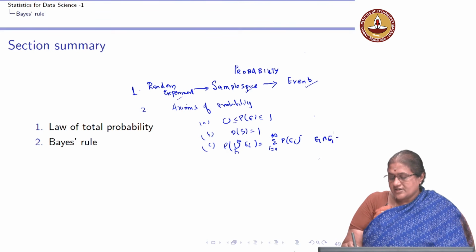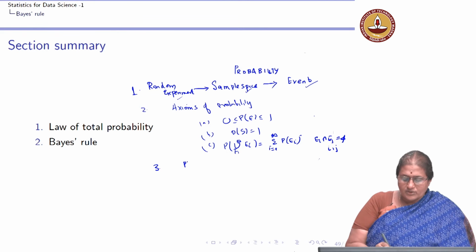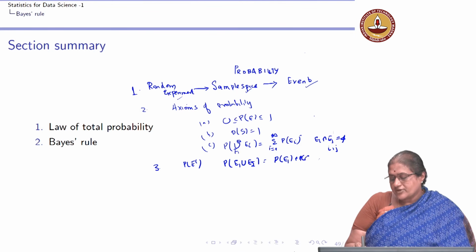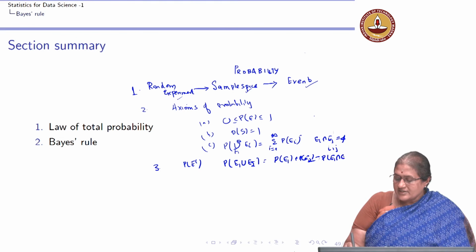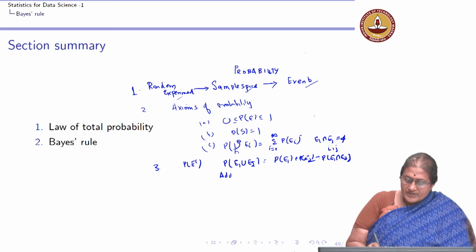Here, Ei intersection Ej is phi for all i, j. Once we introduced this, we went on to talk about probability of the complement. Then we had the general addition rule, which said probability of E1 union E2 equals probability of E1 plus probability of E2 minus probability of E1 intersection E2. This is what we refer to as the addition rule of probability.